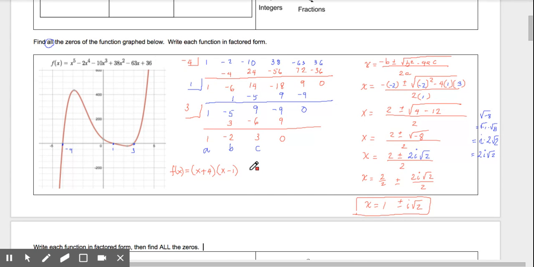And when the zero is 3, the factor is x minus 3. Now for the last factor, we don't want to use these because then it's going to be a little messy. So we're just going to use these coefficients for a quadratic factor. So this will be 1x squared minus 2x plus 3.